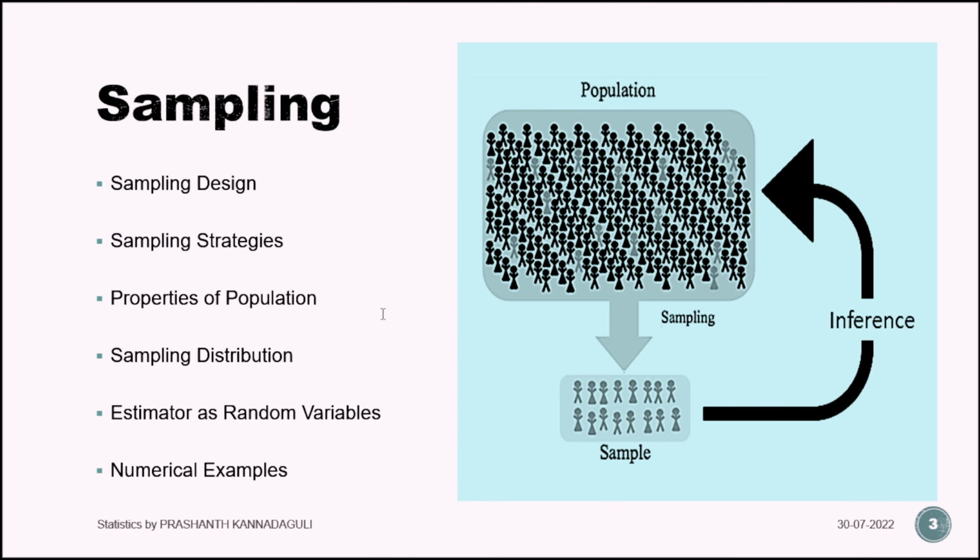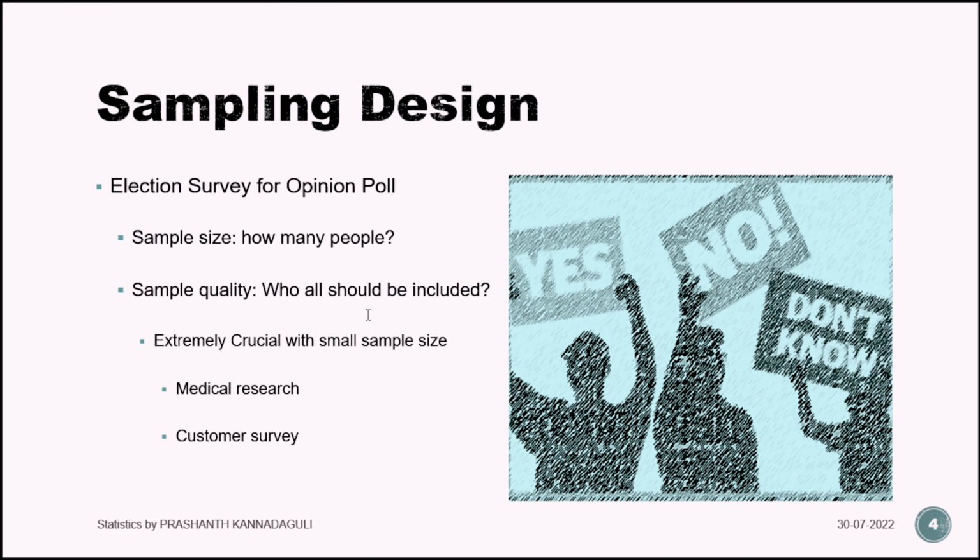So that was the concept of sampling. But our idea is to get the most effective result, so your prediction should be as close as possible to the actual result. So you need to design something, and that part is called sampling design.